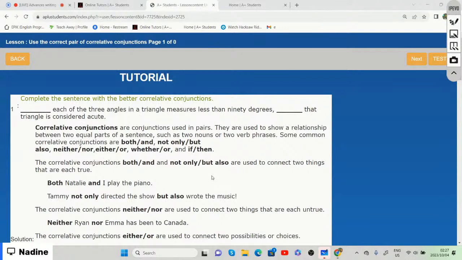You basically need to use the pairs to complete the sentence with the better correlative conjunctions. So, each of the three angles in a triangle measures less than 90 degrees. That triangle is considered acute.